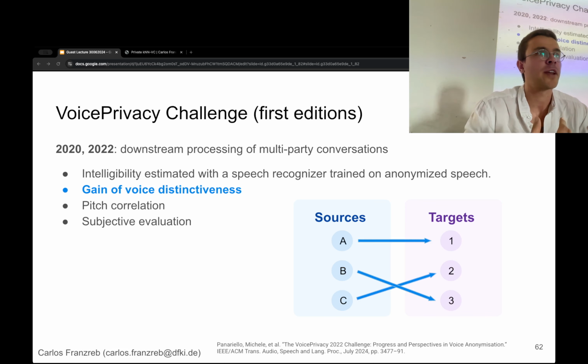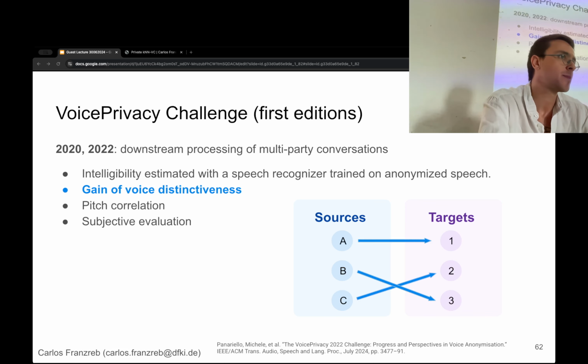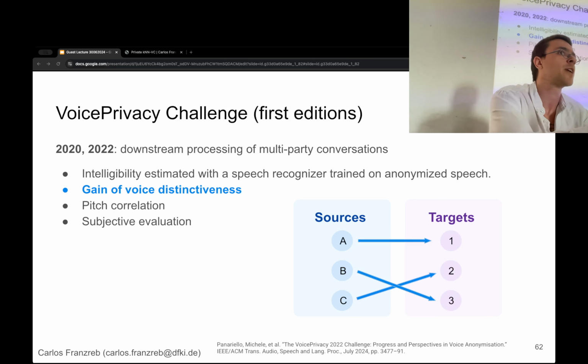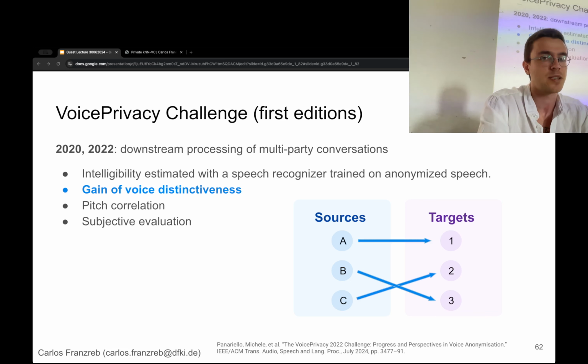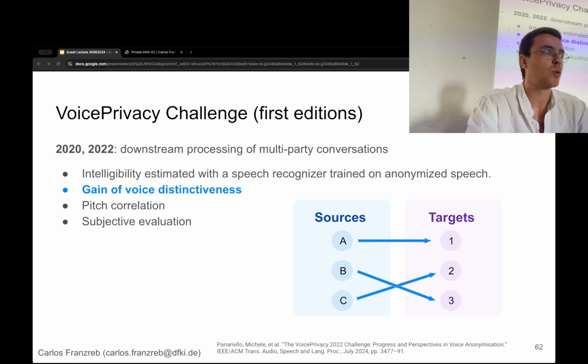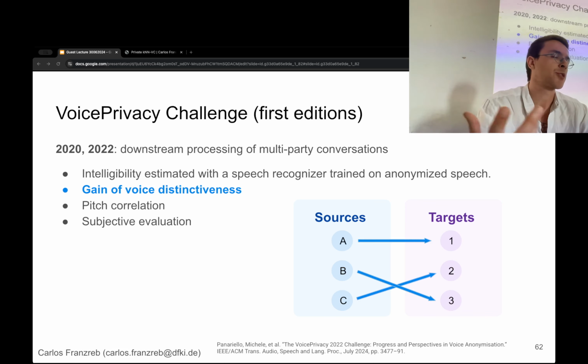You're evaluating 10 utterances of mine, which are always anonymized with the same target. And if you are only able to identify one of them, you can already extrapolate that decision to my other 9 utterances because of this one-to-one mapping between source and target speakers. And also it allows the speaker recognizer during training to really look at distributions of speakers more precisely.